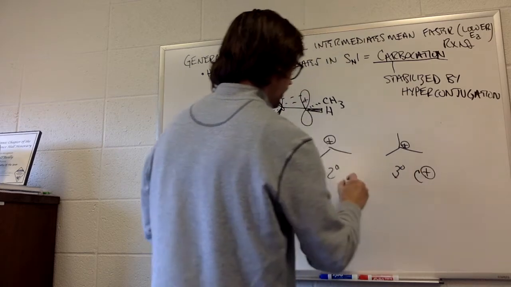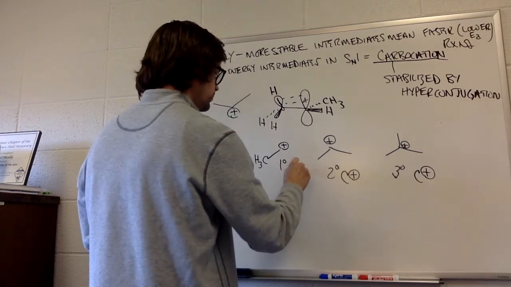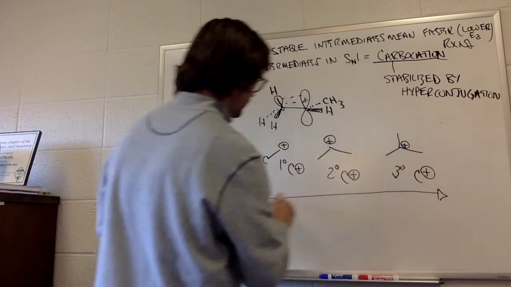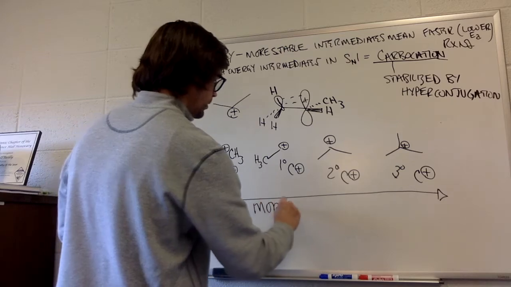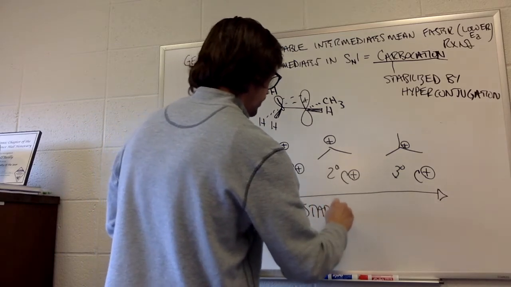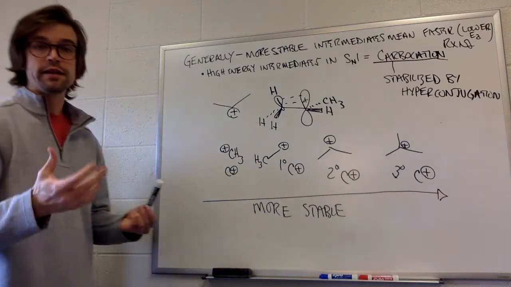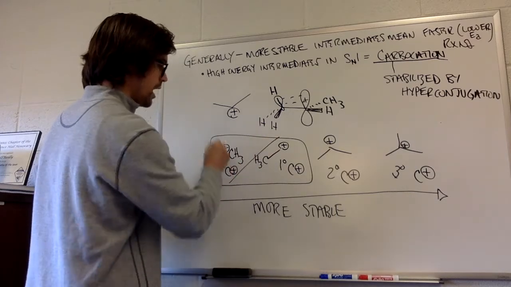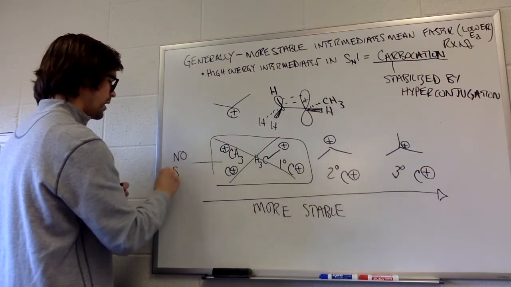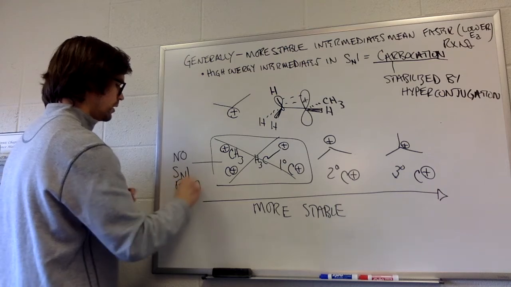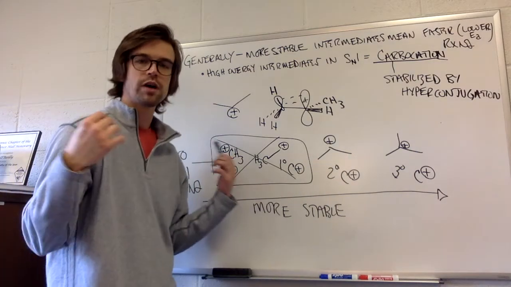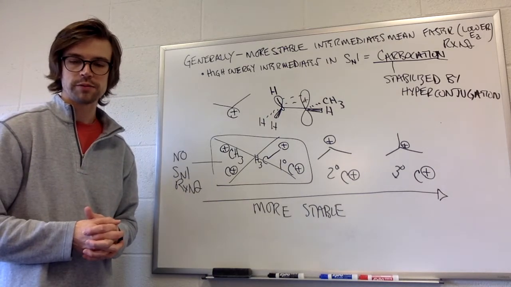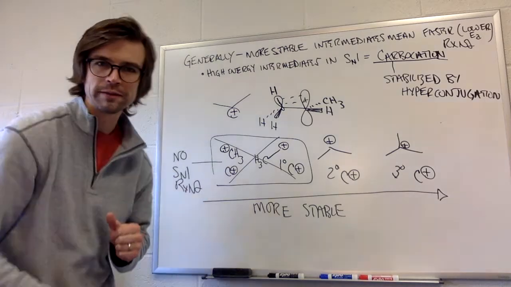And I often put C plus for carbocation. It gets more and more stable this way. So much so that it turns out that these two do no SN1 reactions. You have to have at least two groups hyperconjugating onto yourself for this SN1 reaction to be possible. So more on that in 1 minute.